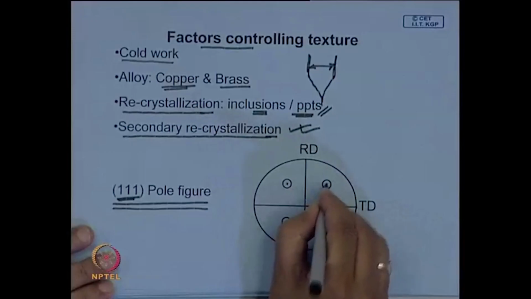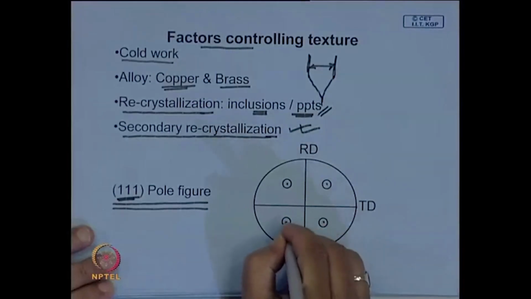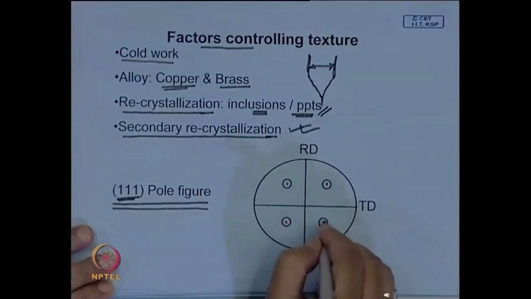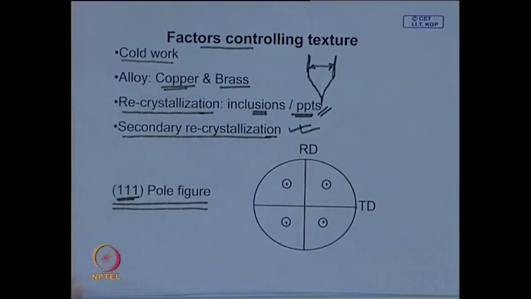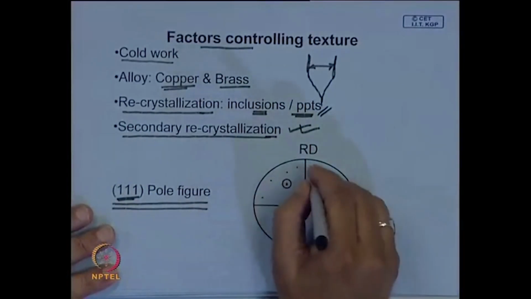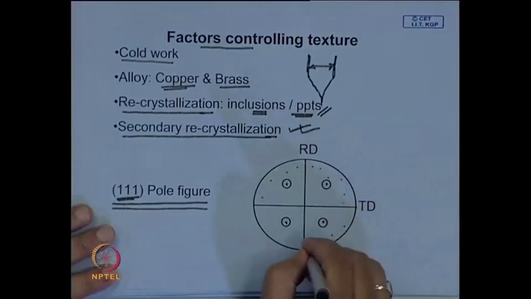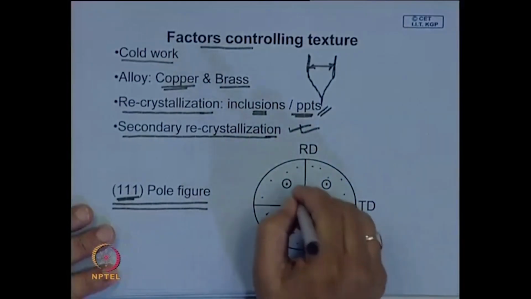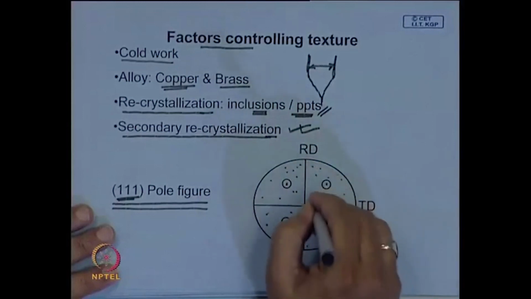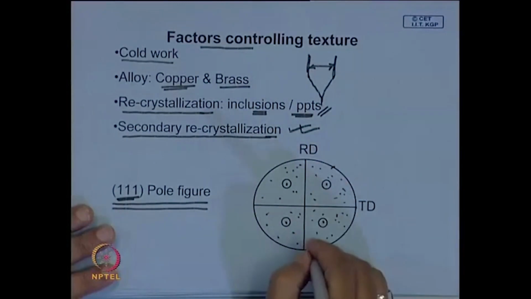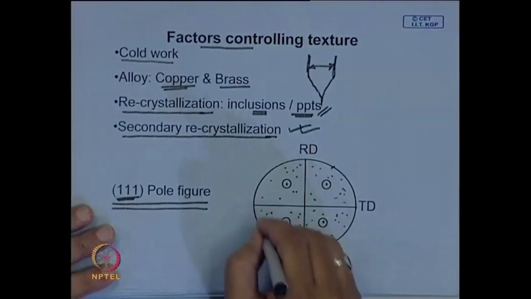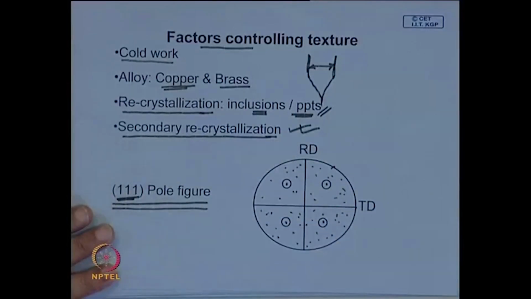There will be 4 different 111 planes, and this will be represented by 4 poles. And if you have a large number of such crystals in the material with random orientations, they will be uniformly distributed all over this. So, if the distribution is uniform, then it is a random orientation.